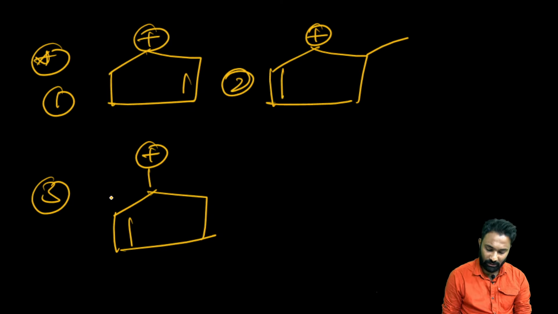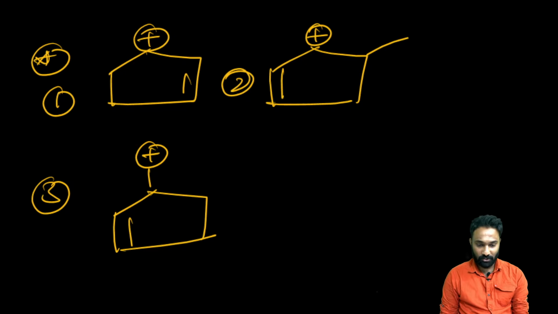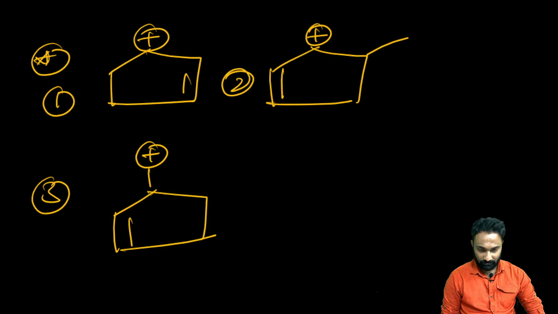Among the 1, 2, 3, which is a more stable carbocation?